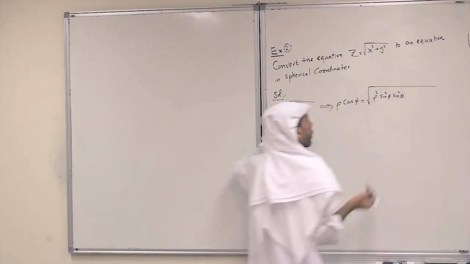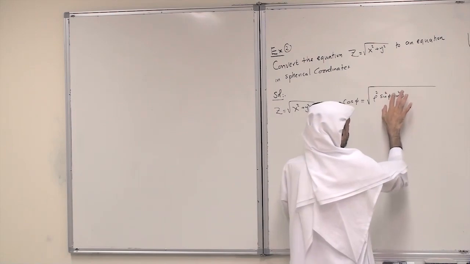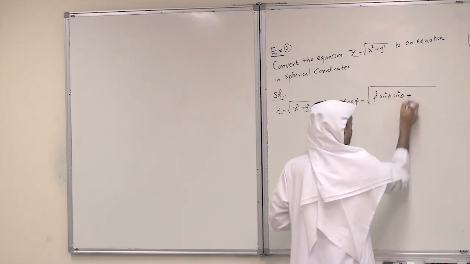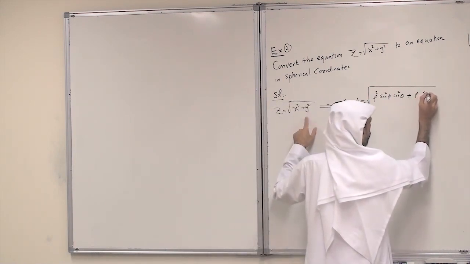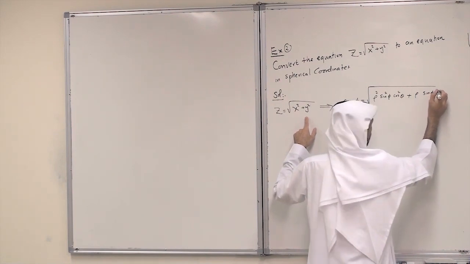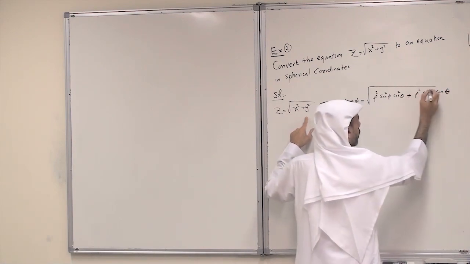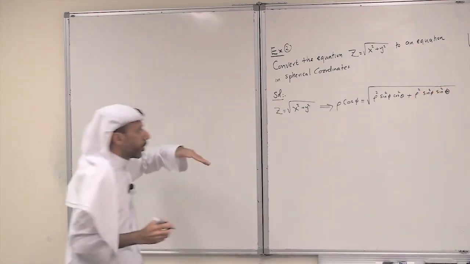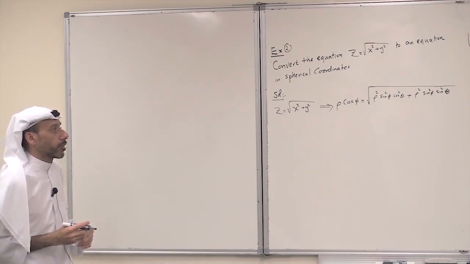Plus y squared, and y in spherical coordinates is rho sine phi sine theta. When you square, you get squares. So just replace each one of the variables by their corresponding values in spherical coordinates.